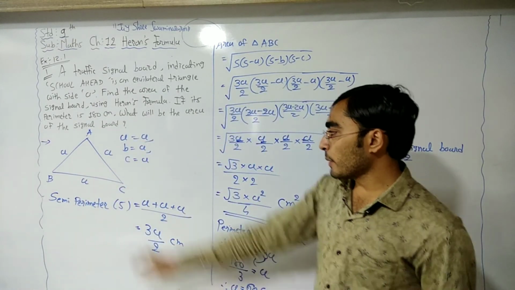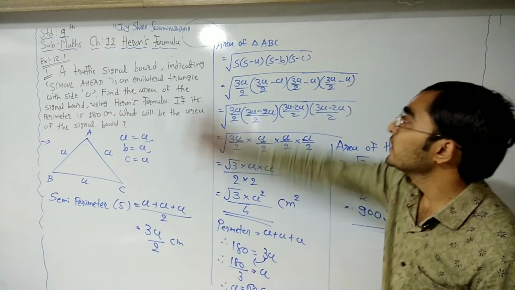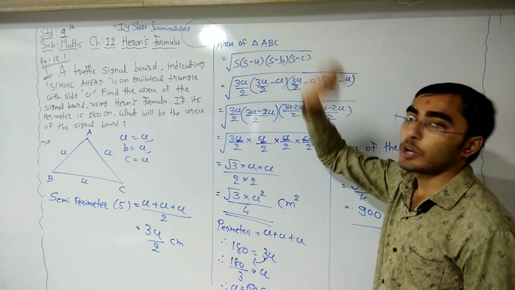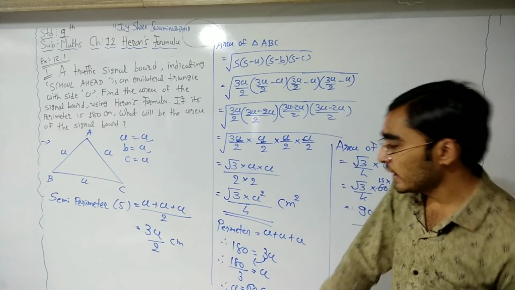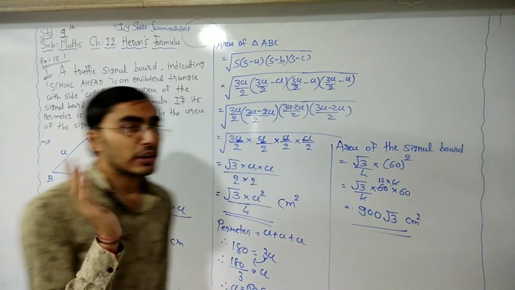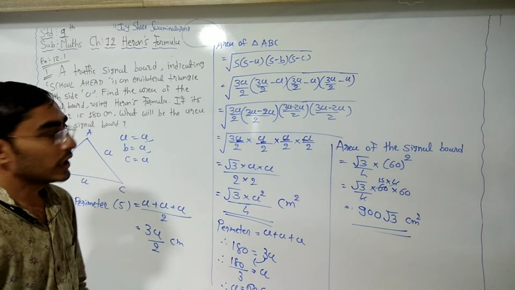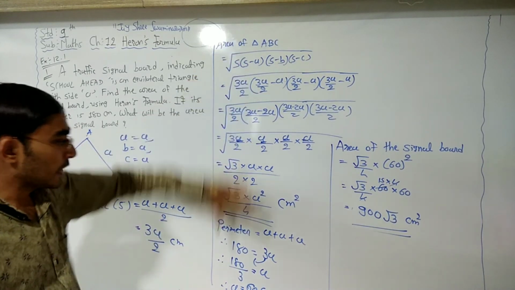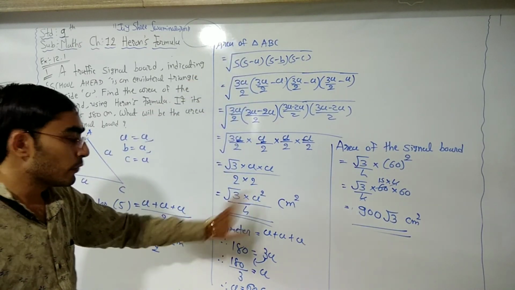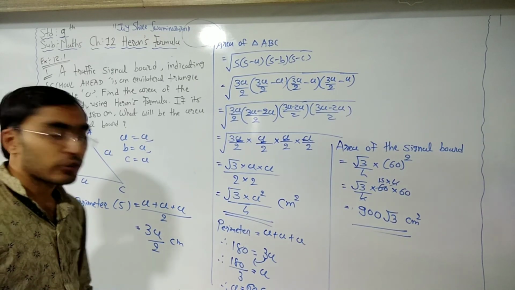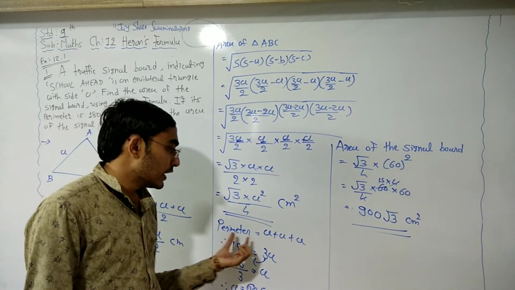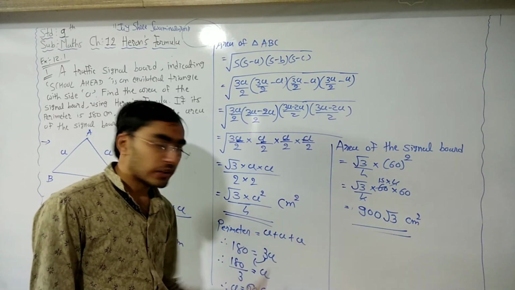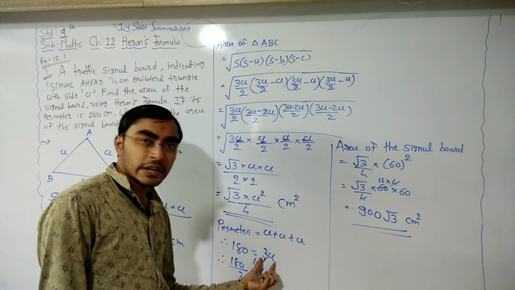So first of all, semi-perimeter S, then Heron's formula for area of triangle ABC, under root S into S minus A, S minus B, S minus C. Put the value of semi-perimeter S, A, B and C and simplify this, so we will get the answer under root 3 by 4 side square, that means A square. Now perimeter is equals to A plus A plus A, it is 3A.